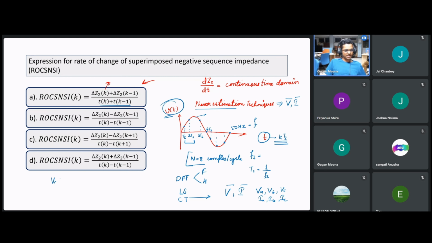So from these voltages VA, VB, VC and IA, IB, IC, can you calculate the negative sequence impedance? What will be the value of this negative sequence impedance?